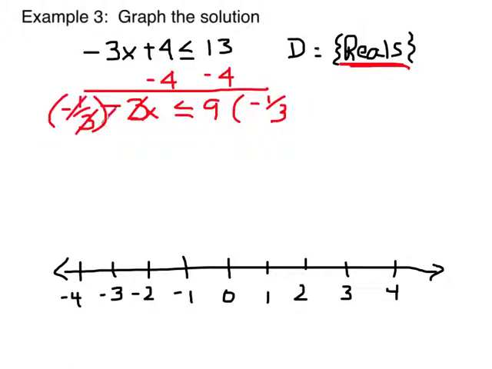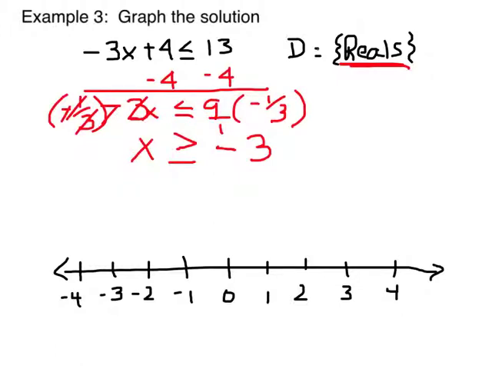We got rid of the negative sign. Now we have to flip the inequality. And now the 9 is going to be negative, and it's going to be negative 3, because this would be 9 over 1 times 1 over 3, which is 9 over 3, which reduces to 3.